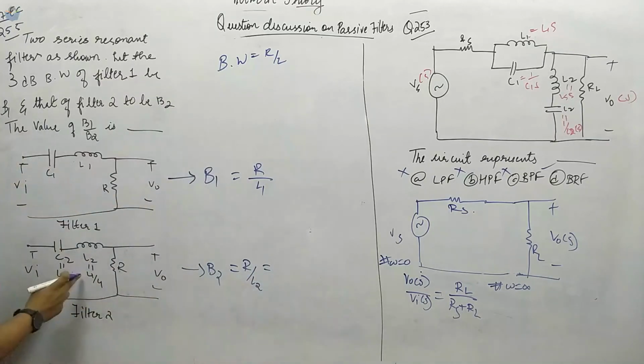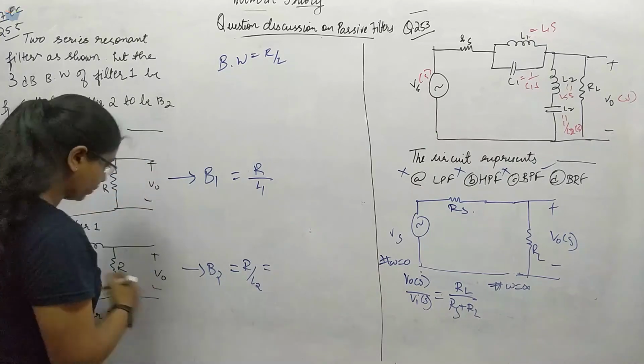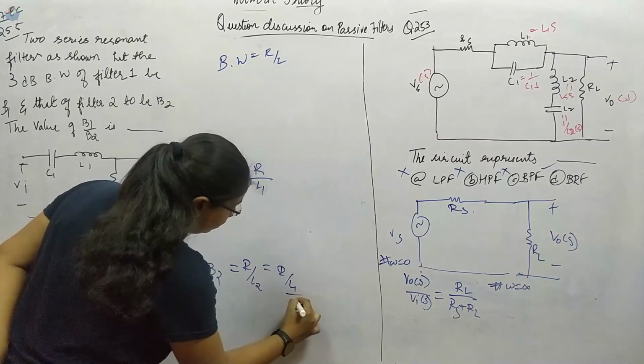But we know that L2 is L1 by 4. Instead of L2, I'll put L1 by 4.